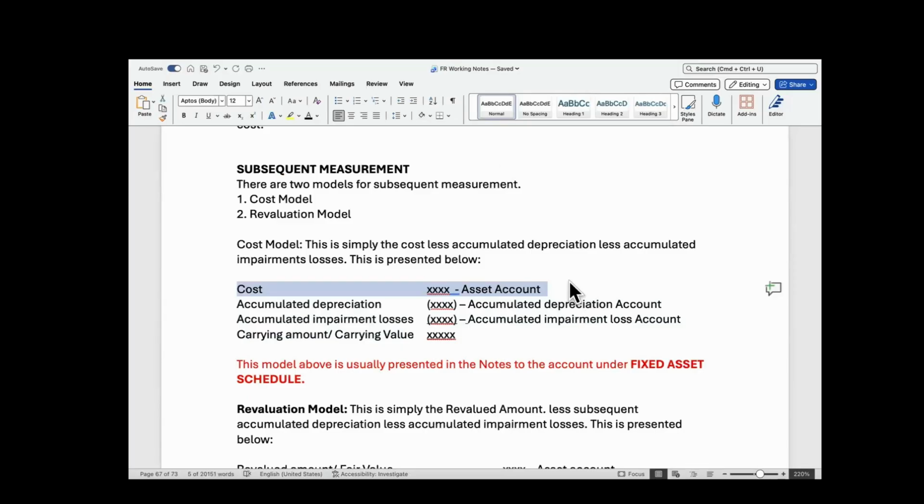And all we are doing with this cost is, at the initial measurement stage, we debit asset, credit bank. And also at the subsequent costs stage, if there is any subsequent cost that we need to capitalize, they all come to these asset accounts. Then accumulated depreciation, we need to discuss it. Impairment losses, we will discuss, but not in IAS 16, but in IAS 36. So there's another standard that deals with impairment losses. But IAS 16 actually deals with depreciation.